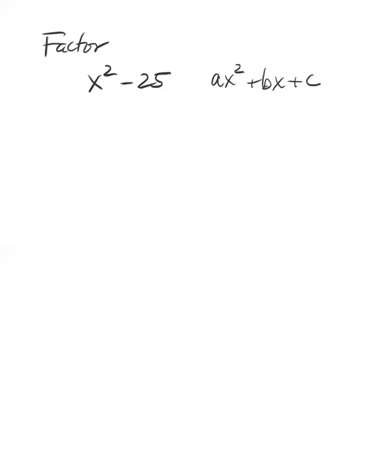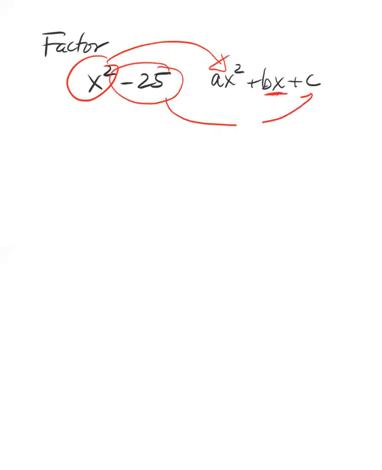The x squared is this piece. We don't have one that has this bx. Our c term is just our straight number or our constant. So in this problem, we have an a, this is our a. We don't have a b, and we have a c. Okay? But the process is still going to be the same.